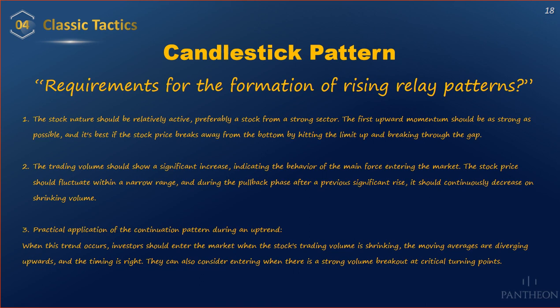When this trend appears, investors should enter the market when the trading volume of the stock reduces, the moving averages diverge upwards, and the timing is just right. They can also intervene when the stock breaks through with increased volume at critical turning points.